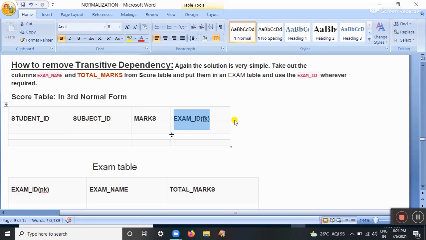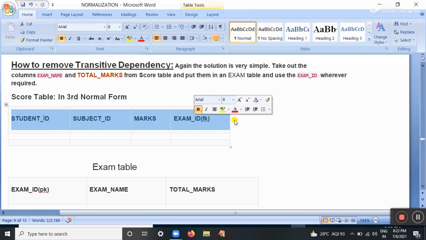This is how to remove transitive dependency problems. Remove those kinds of columns from your table and create a separate table to keep them in. After that, one common column should be prepared, and make the relationship based on that common column. Now in the score table, the transitive dependencies are gone and the problem is successfully overcome.